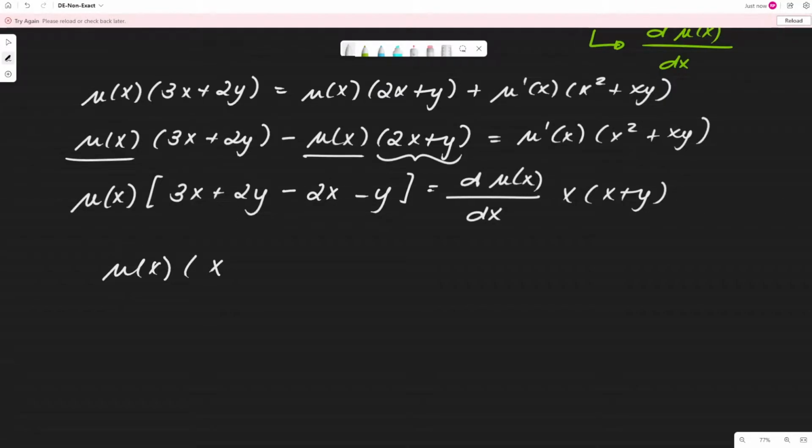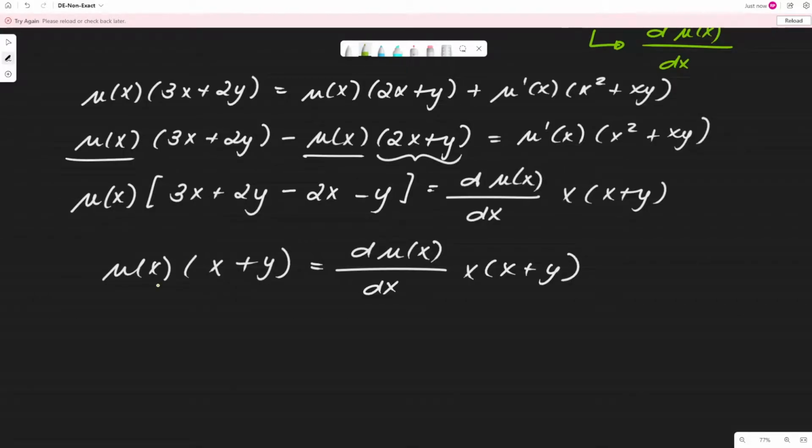Then we have 2y minus y, that is plus y. This is equal to d mu of x over dx times x plus y. We can divide both sides by x plus y, because we do not want the function to have y as much as possible, since we are getting mu of x, and remember, mu of x is a function of x.